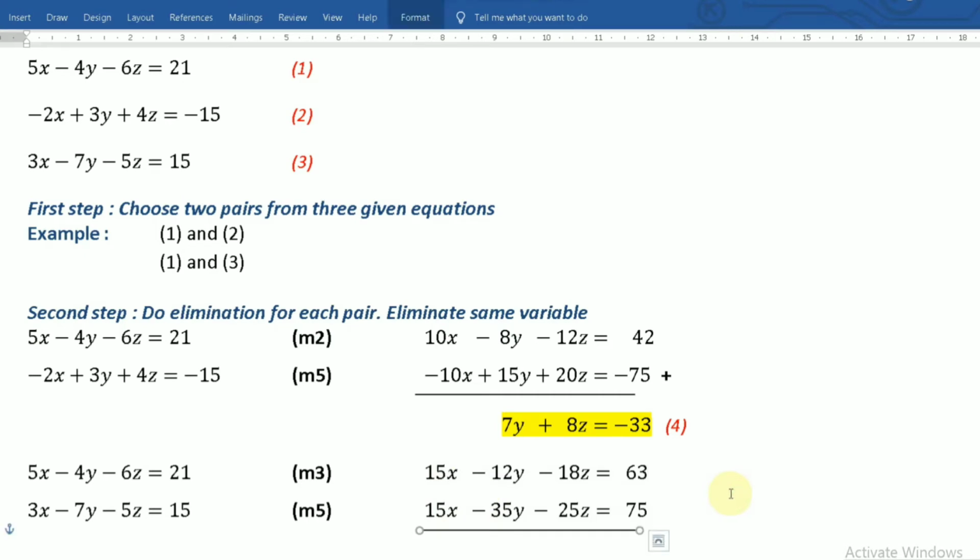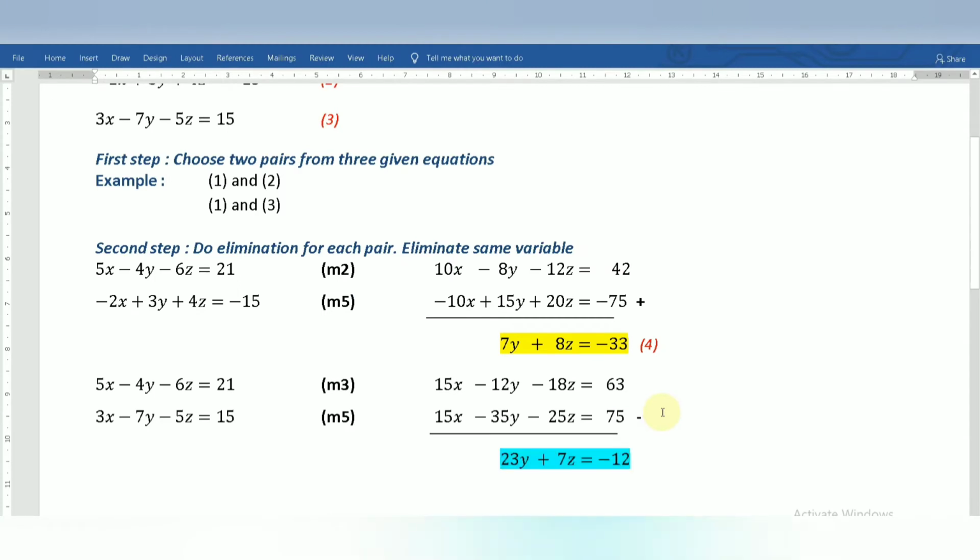Therefore, I will do subtraction, since the coefficients have the same sign. The objective is clear: eliminating x. So this is the result, and we have another new equation consisting of only two variables, y and z, and let's label it as the fifth.